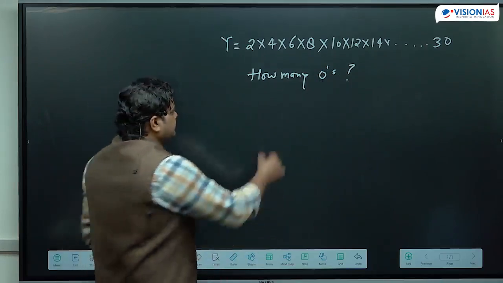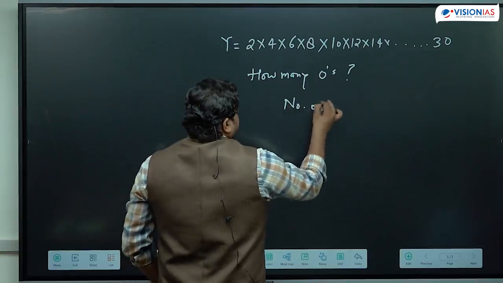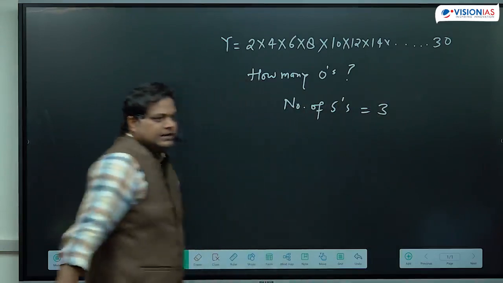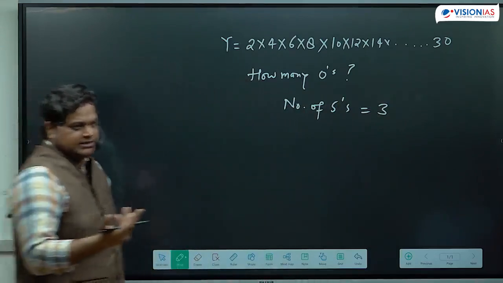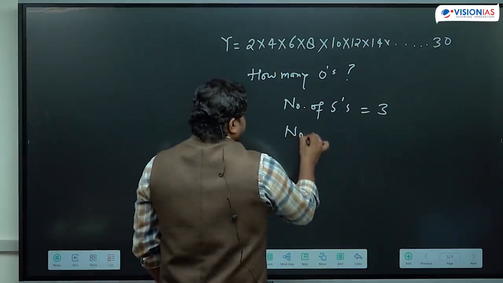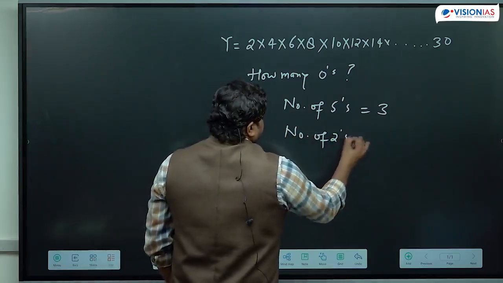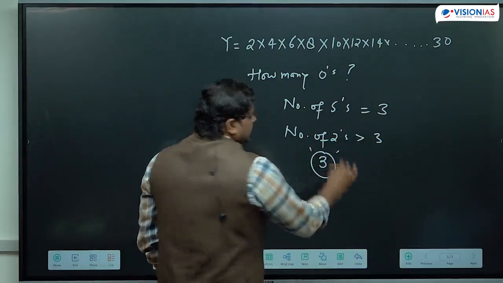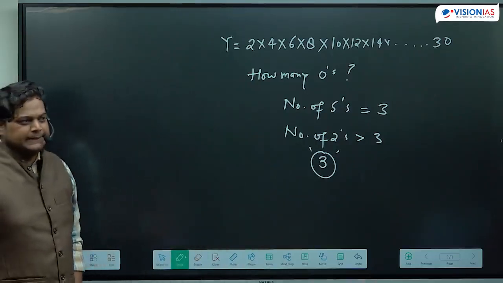So number of 5s we can see 3, and number of 2s more than 3. How many pairs we can make of 2 and 5? 3.